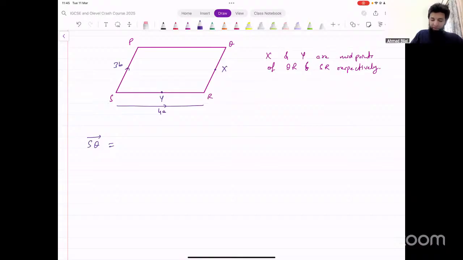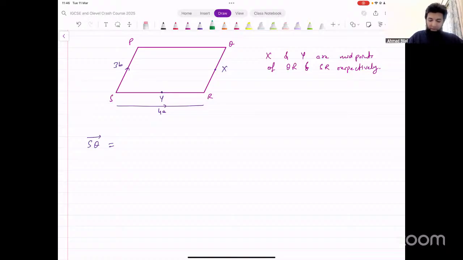Now, how do we find the vector SQ? SQ means we have to go from S to Q somehow. S is the starting point and Q is the end point. What path can we follow on this diagram that takes us from S to Q, where we know the vectors on that path? First, let's mark the vectors that we know already.